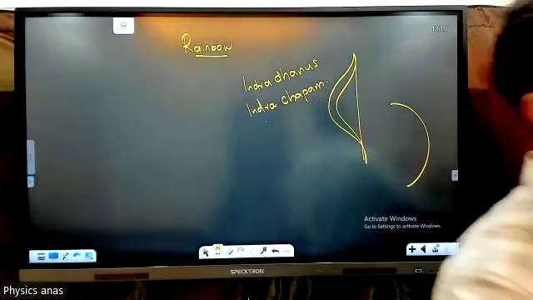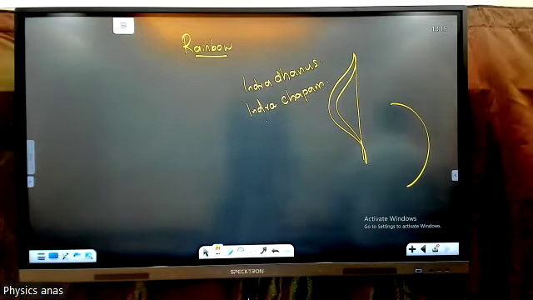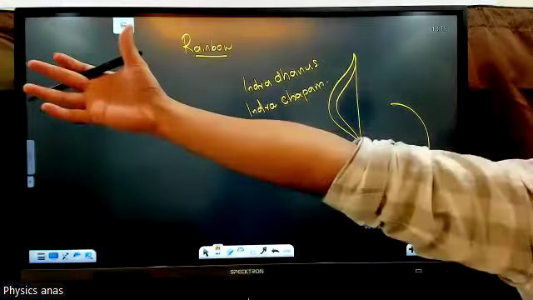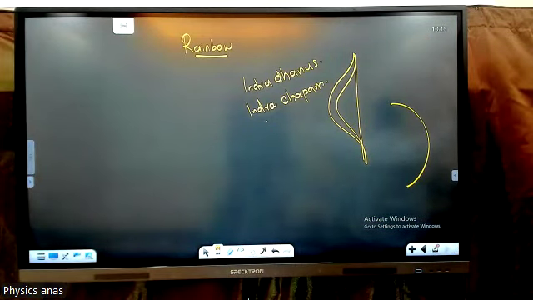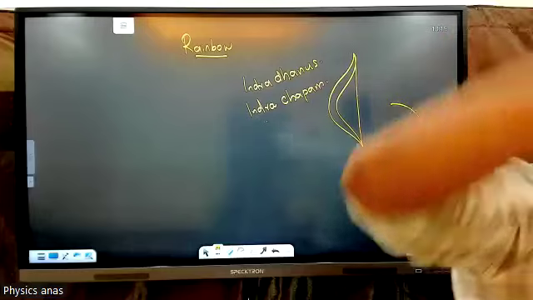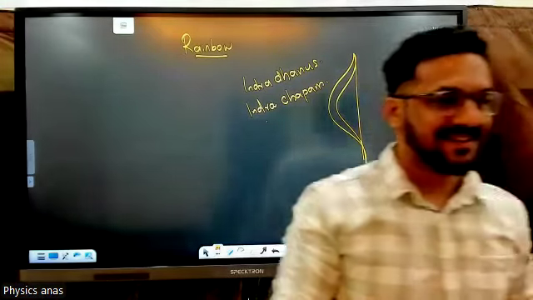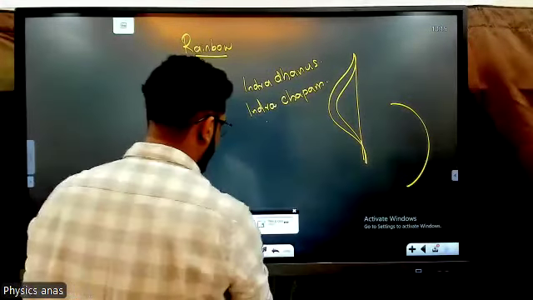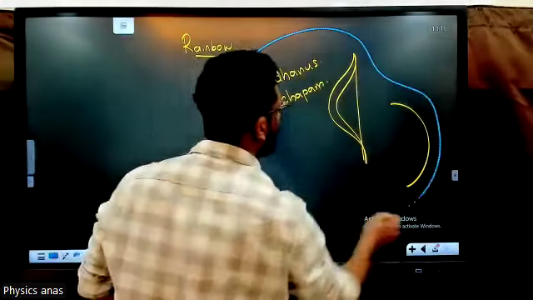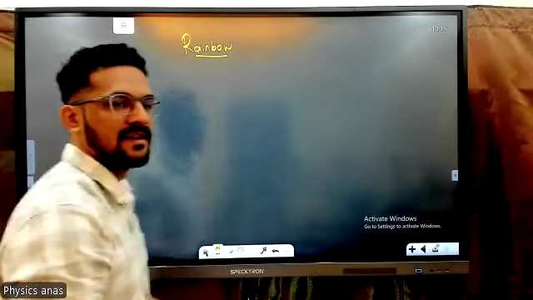So people had some beliefs about the Puranas and they thought, yeah, there is a bow in the sky. That must be the bow of Indra. That's why they call it Indra Dhanus, Indra Chava. Okay, so that's the rainbow. That is the rainbow, and how the rainbow is formed.